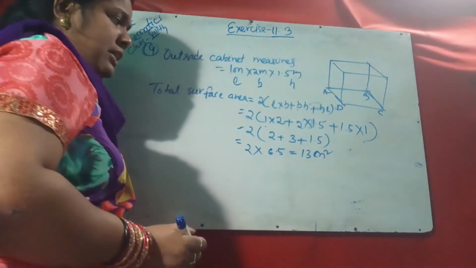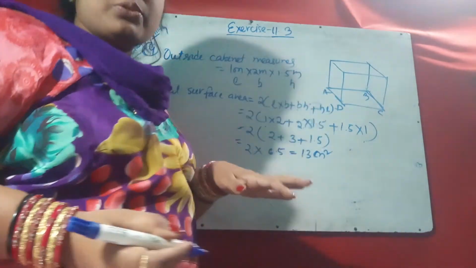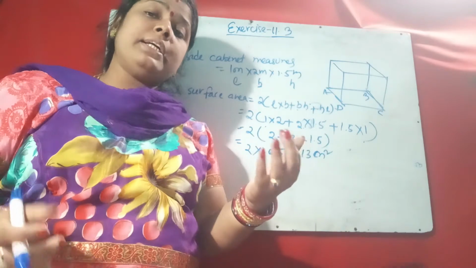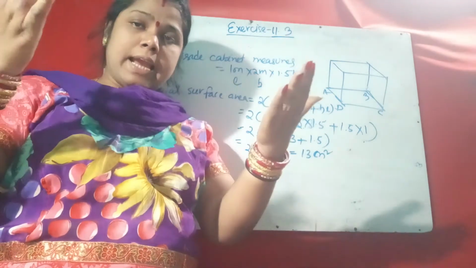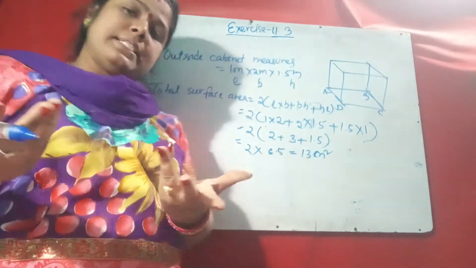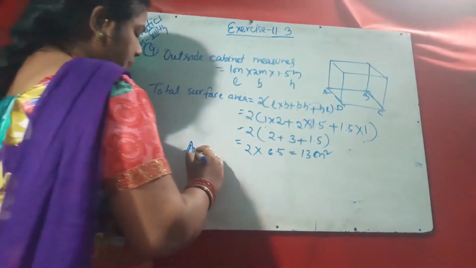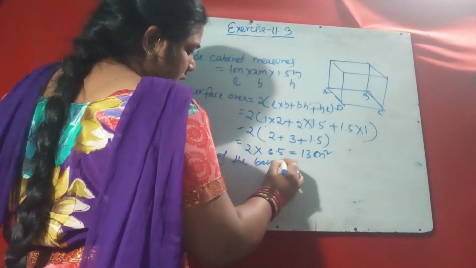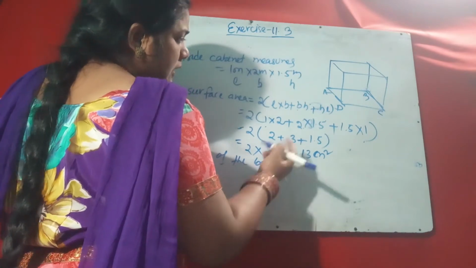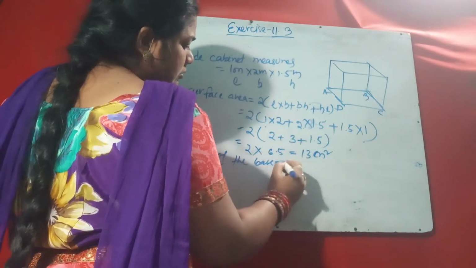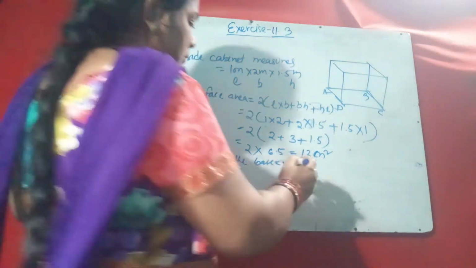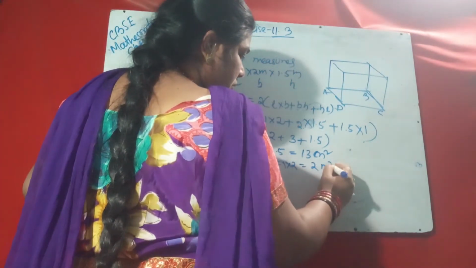Here Rukhsar painted only all the sides except the base. So area of the base equals length into breadth, that is 1 into 2, equal to 2 meter square.